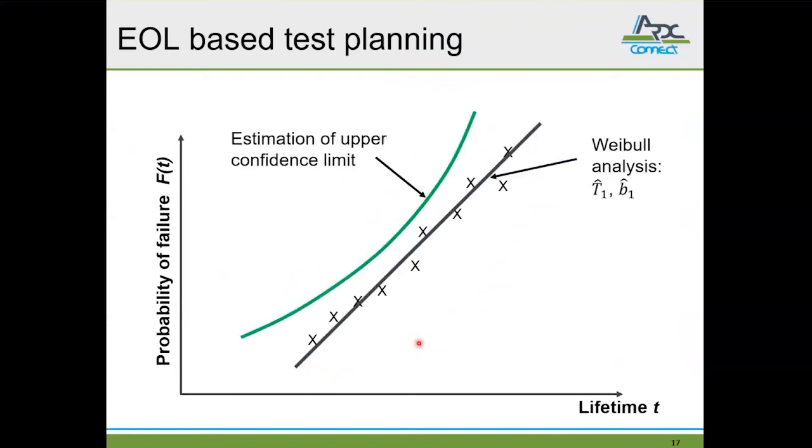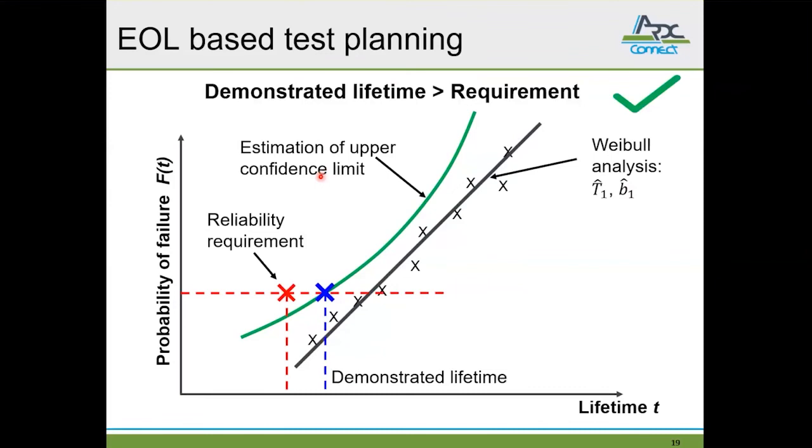We use the samples we destroyed in the test planning to estimate our Weibull distribution. Most of the time we use the Weibull distribution, but you can also use log normal distribution, for example. And then we have to estimate our upper confidence limit, because we have to make sure that our statement is also valid for the population and not only for the sample.